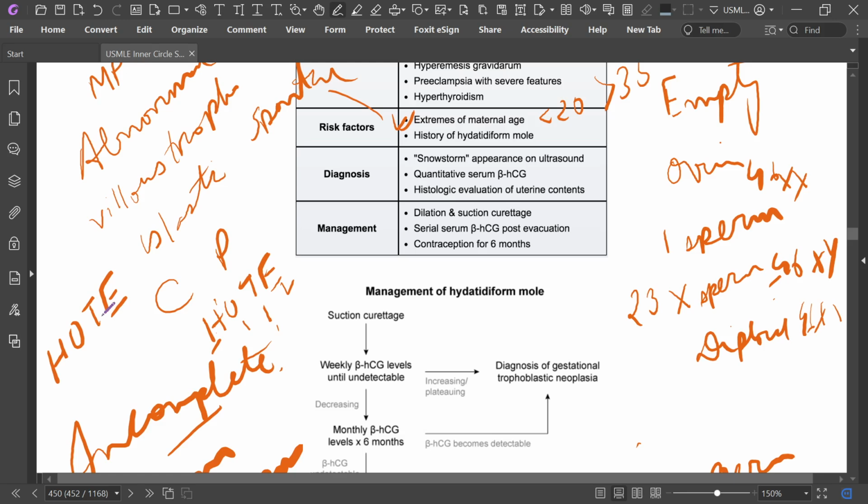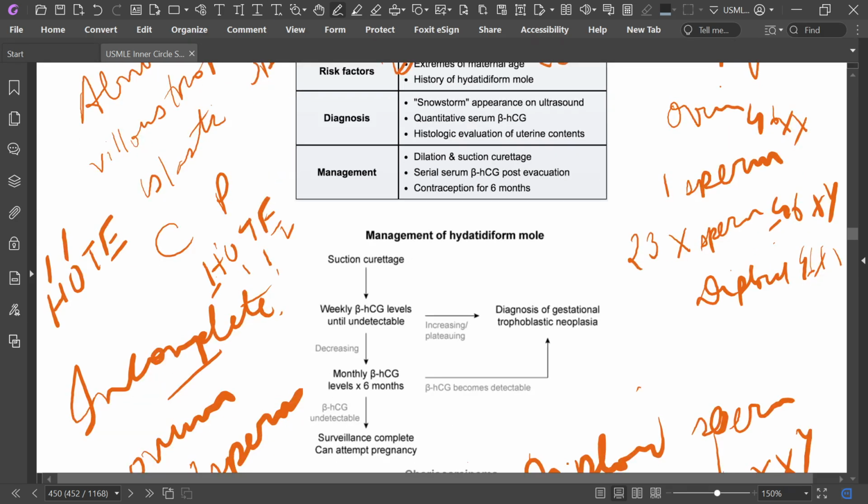You can get the clinical features: high beta hCG causes hyperemesis gravidarum, which can happen.